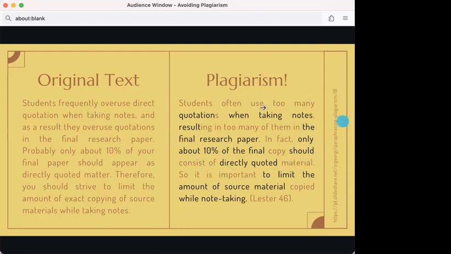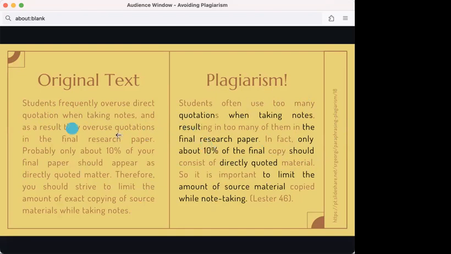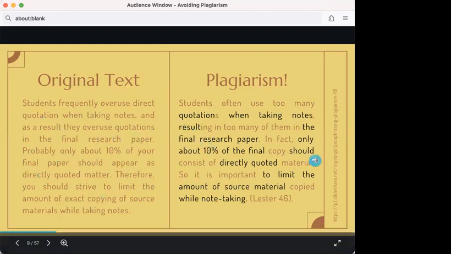When you look at the different colors, you will find that those words or sentences can mostly be found in the original texts.